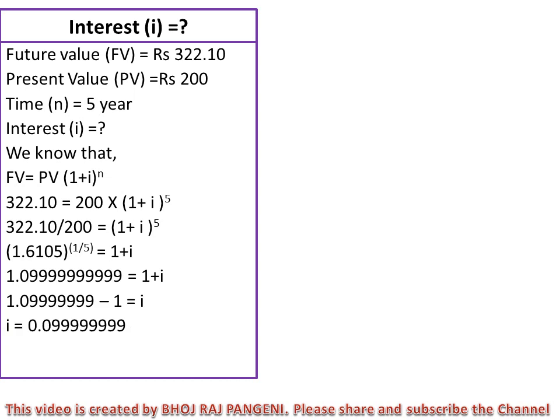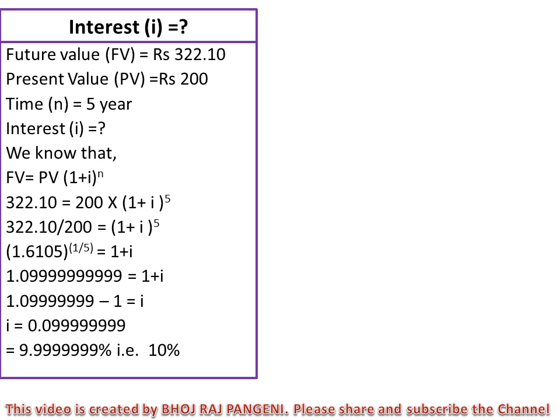Now we get i equal to 0.099999, that means 9.999, which is equivalent to 10%. So the interest rate is 10%.